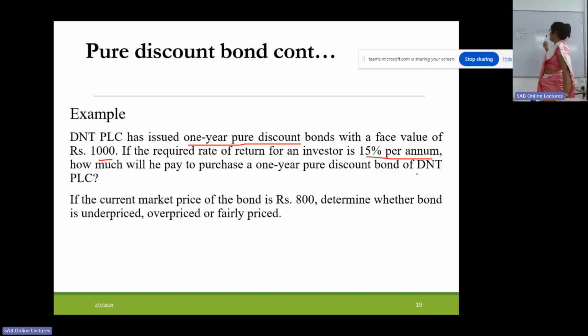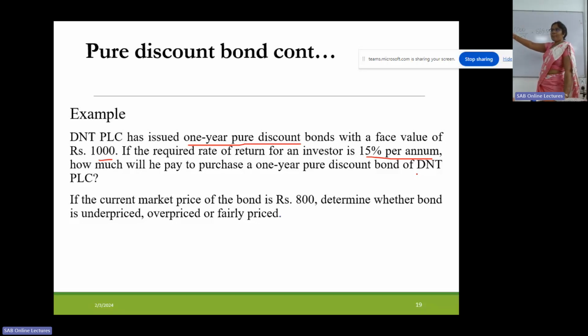No. So in the marketplace, what has happened? It is underpricing. This is the intrinsic value, and the trading price is 800, so in the marketplace it is underpriced. It is selling for less than this. So what is your decision?